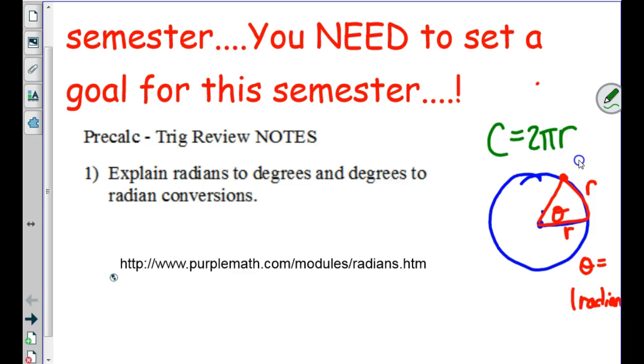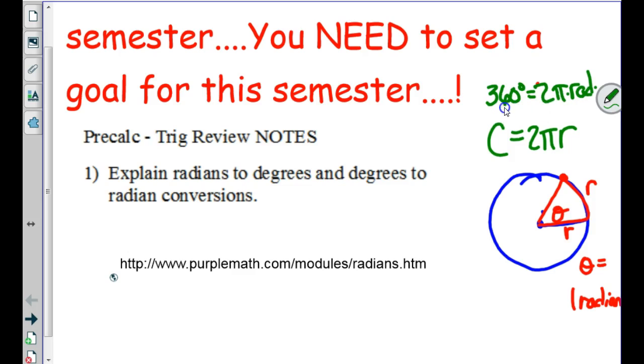That sound familiar? Okay, so how many degrees is it all the way around the circle? So 360 degrees is 2 pi times a radius. Now are we making a little bit of sense where we get this pi radians thing?